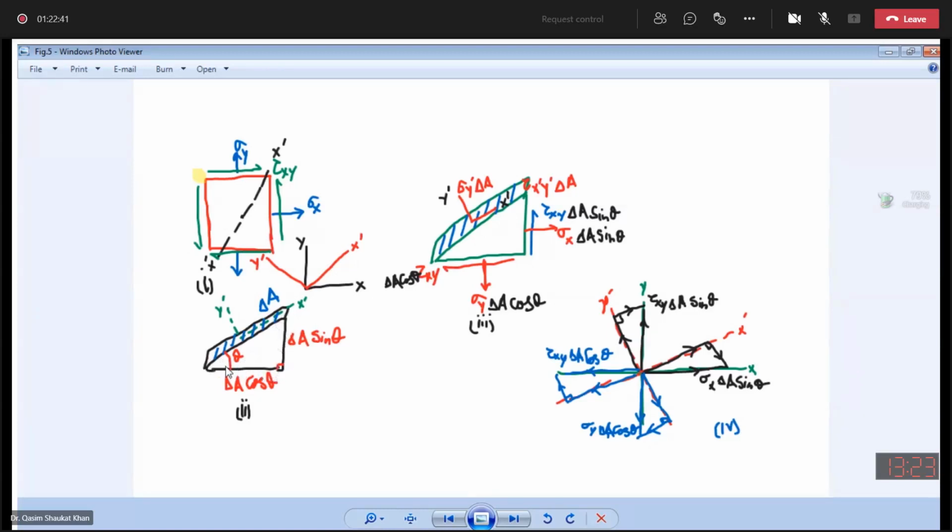So this is delta A cos theta, this is delta A sin theta. Is this figure clear? Can you please draw these two figures, figure 1 and figure 2? Please draw this figure.